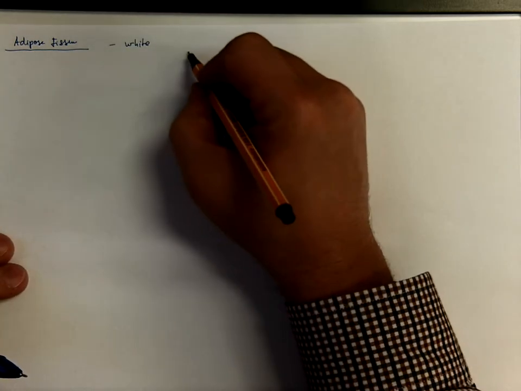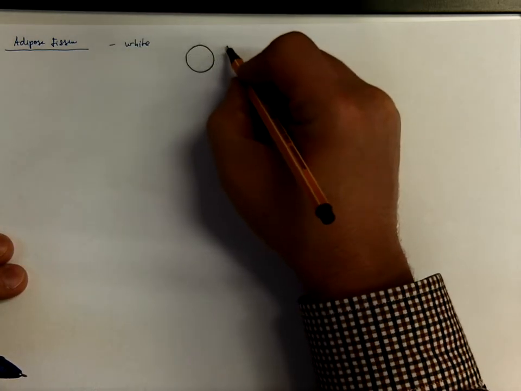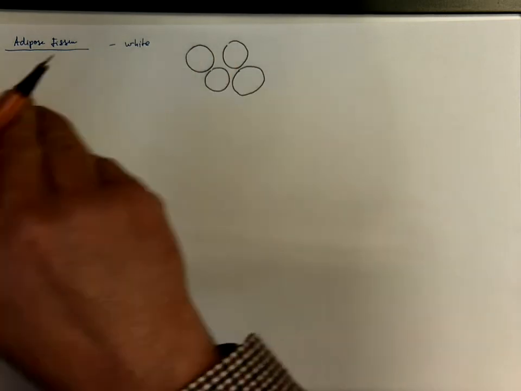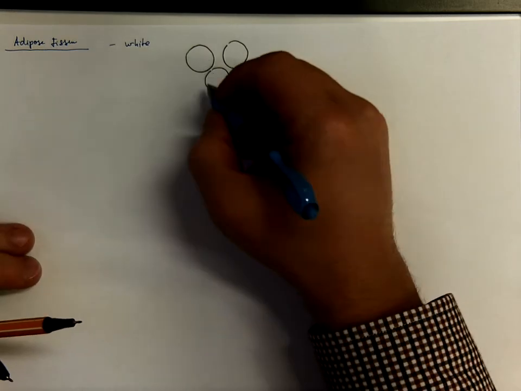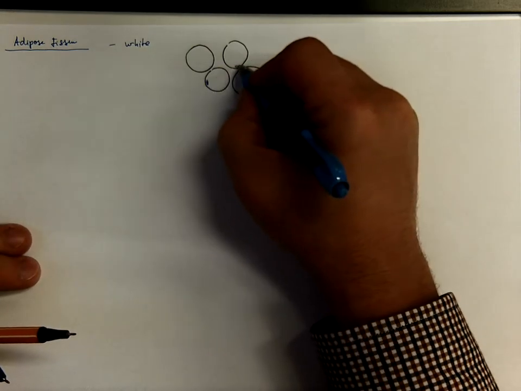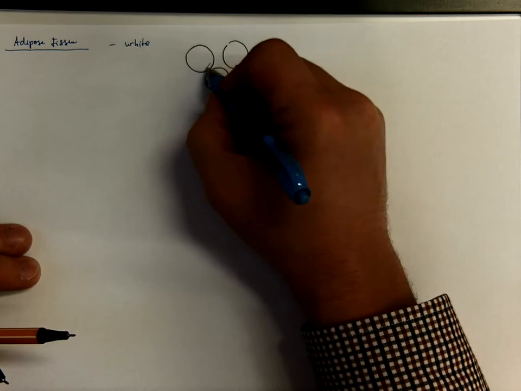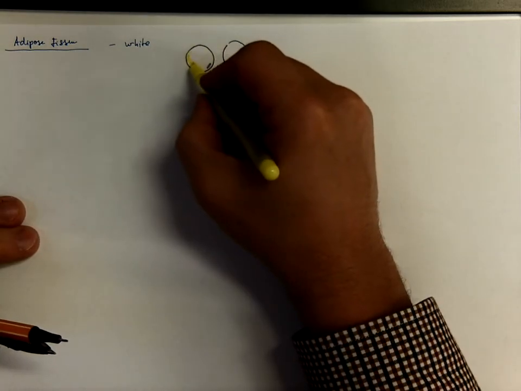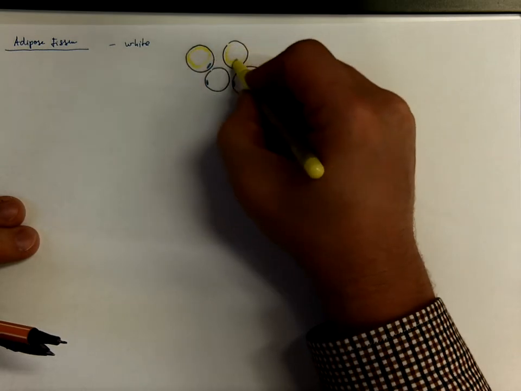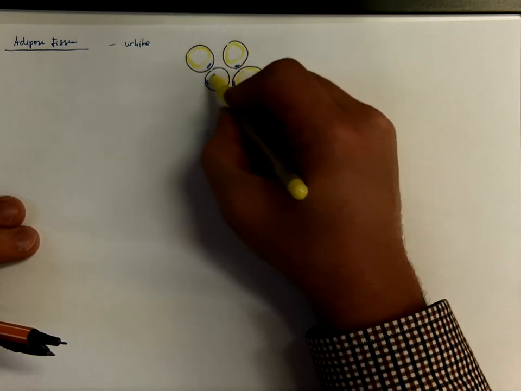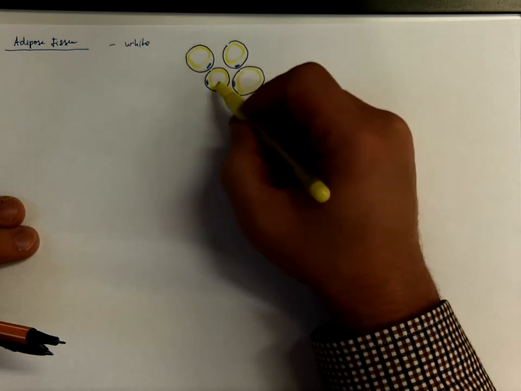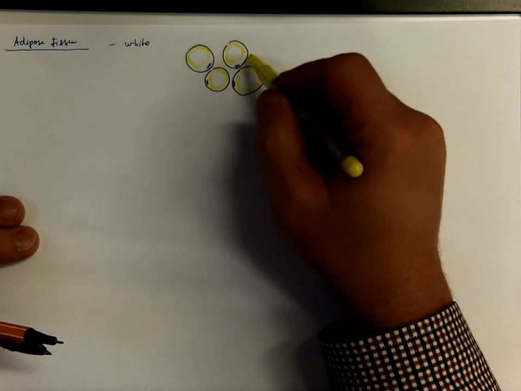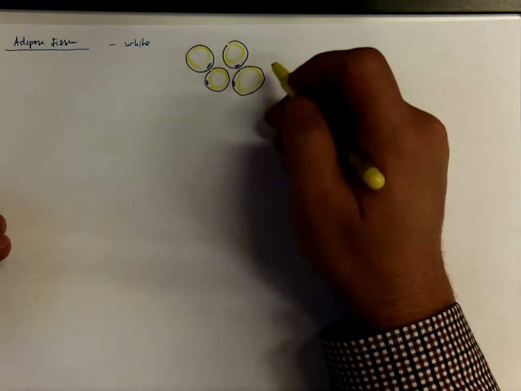consists of unilocular fat cells, unilocular adipocytes, cells with nuclei compressed somewhere on the periphery, because most of the cell is occupied by a single large lipid vacuole. This has been dissolved and flushed away during the histological processing, so in routine sections you are looking at empty cells.